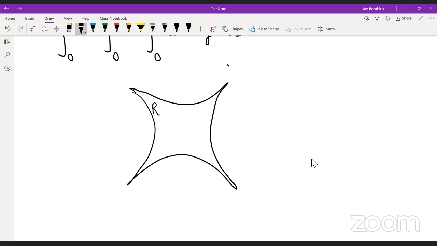And what you could do in instances like this is split the region. For example, if you split the region just down the middle here, then you suddenly have two regions. That's R1. That's R2. Now, R1 is y simple, and R2 is y simple, and you can integrate each of those.